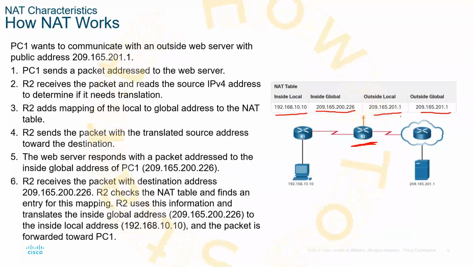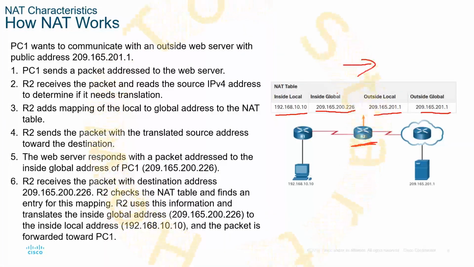The web server will respond with a packet addressed to the inside global address, because as the packet flows out of R2, the IPv4 source address is now changed to the inside global public address.